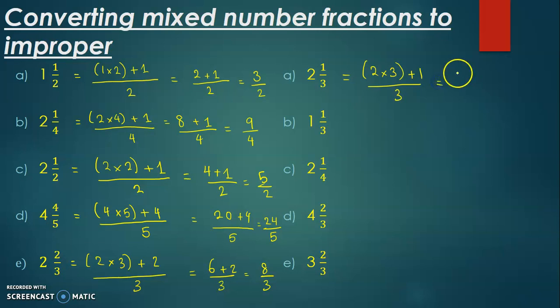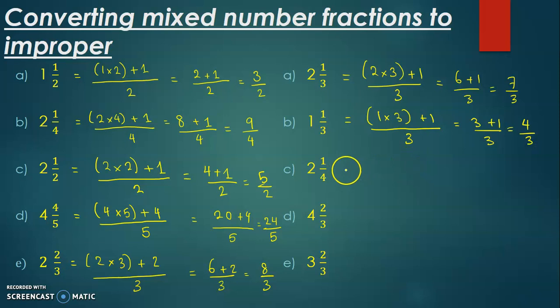Divided by 3. 2 times 3 is 6 plus 1, and you get 7/3. Now, for this one it is 1 times 3 plus 1. Then 1 times 3 is 3 plus 1 divided by 3. That would be 4/3.